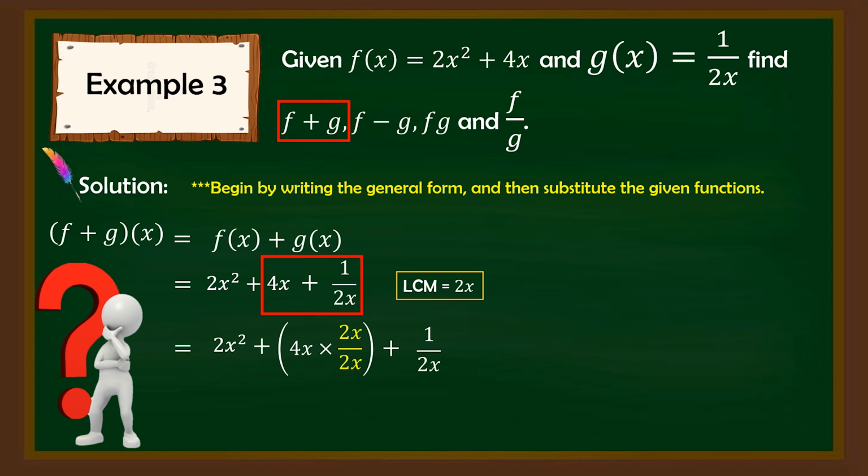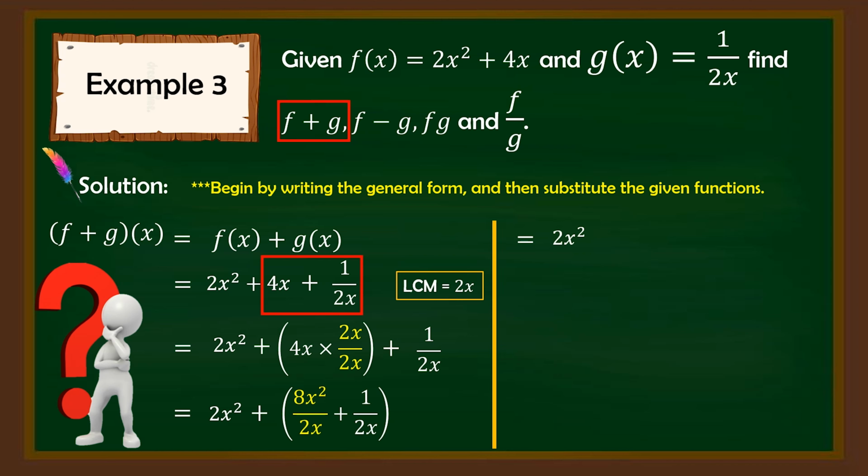Then, simplify, which yields 2x squared plus 8x squared over 2x plus 1 over 2x. To continue, we have here 2x squared plus 8x squared plus 1 over 2x. Then, combine similar terms.